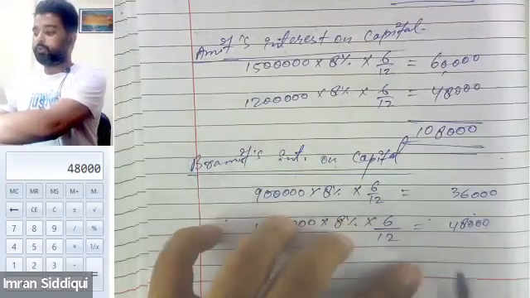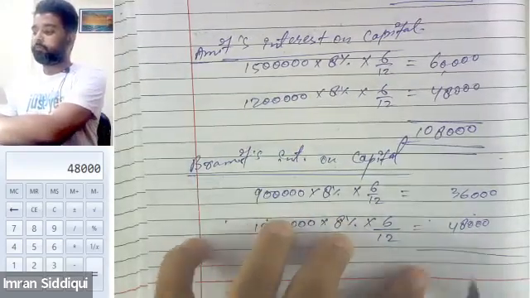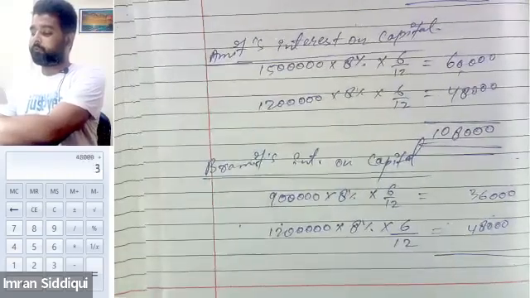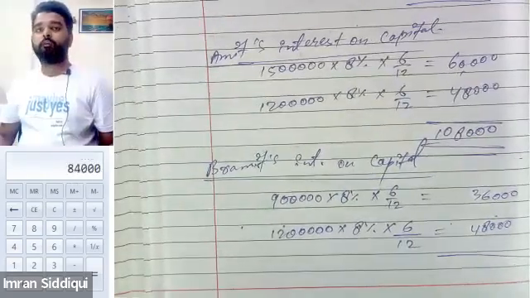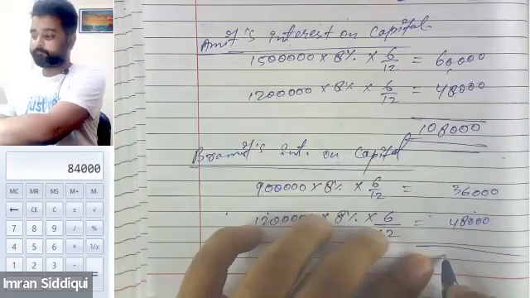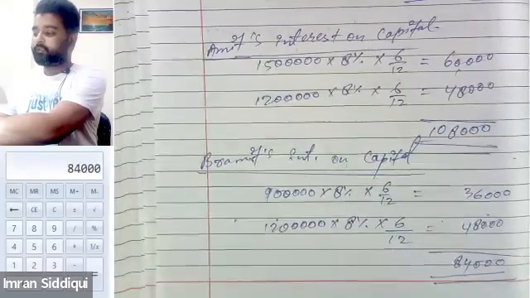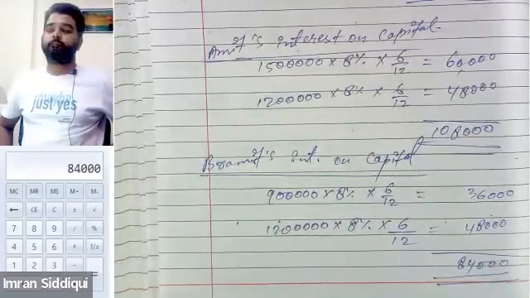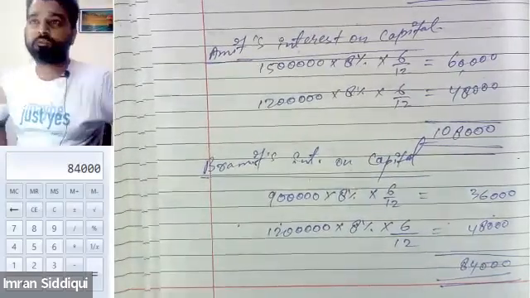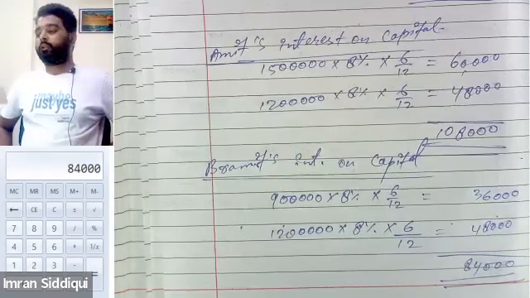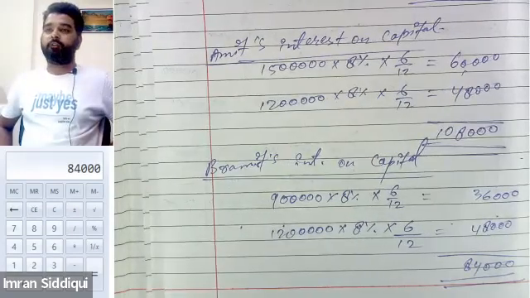The total amount of interest payable to Brahmit will be 84,000. Done, everyone? Is this clear? Yes, sir. Okay, so this is how we calculate interest on capital for Amit and Brahmit.